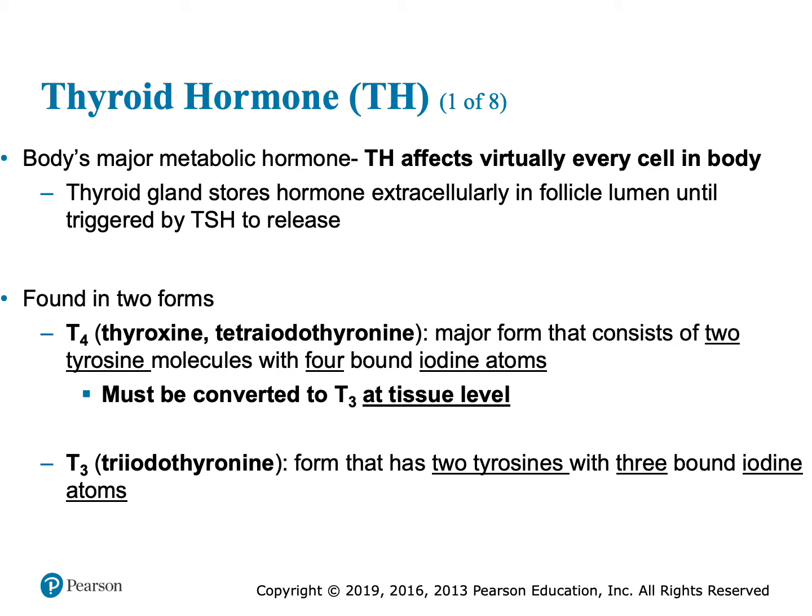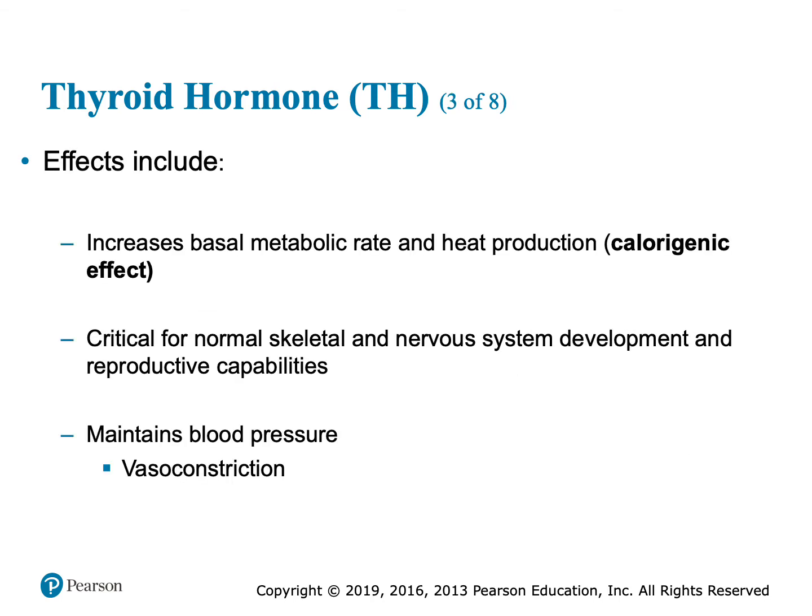So a lot of the T4 is going to get converted to T3 once it gets to the tissue it's supposed to affect. I'm not going to ask you to draw this, but that'll be a different page, I guess. Okay, so we'll go through the difference between T3 and T4 in a minute, but we'll go through the effects here.